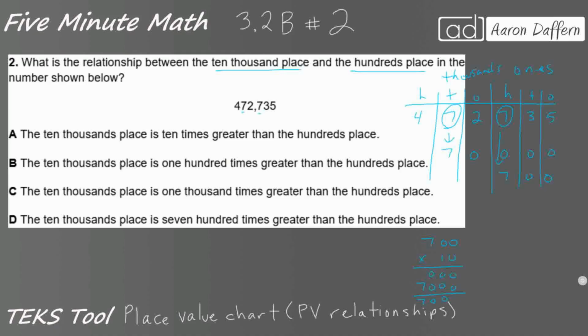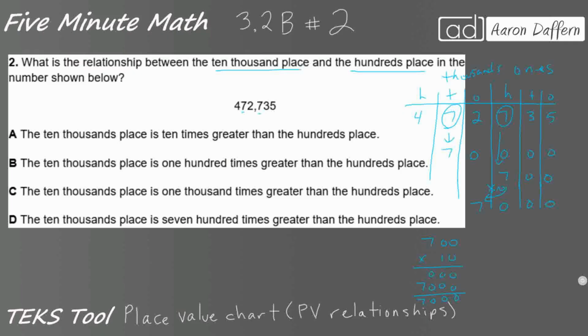Everything gets shifted over one time. So times 10, let's extend these down, shifts everything over one place value. Or in effect, you see my 700 shifts over one place value. And then I have a blank spot. And so what I'm going to put in that blank spot is an extra 0.